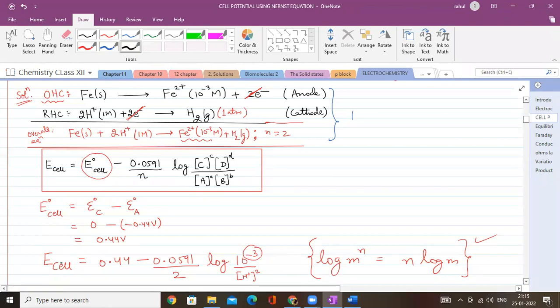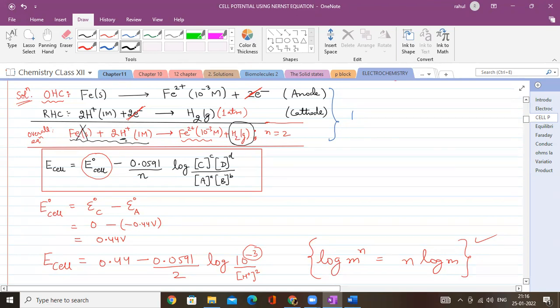Now E of the cell is 0.44 minus 0.0591 by 2, because I'm now directly applying log. Hydrogen has a pressure of 1 atm, so I will ignore this. Fe2+ is 10 to the power minus 3 molar, divided by iron in solid, which is always 1, so I leave it.